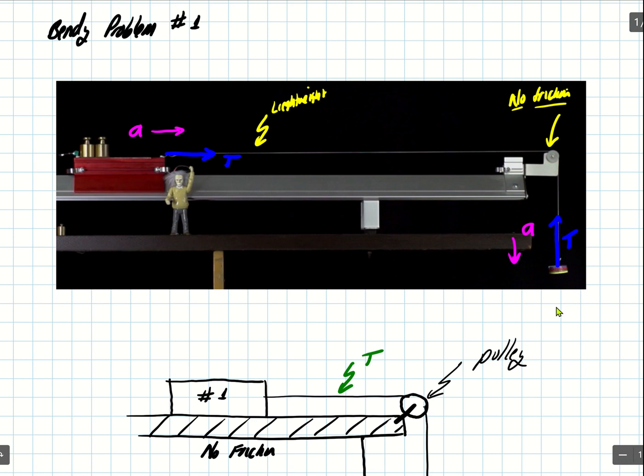Because object 2 isn't going to be in free fall, right? It's going to move much more slowly than free fall, and that's because this tension force is pulling up on it. I don't want to go into too much detail. This is just an introduction. There's going to be a gravity force down, and that's going to be m2g. Okay, that's bendy problem number 1.